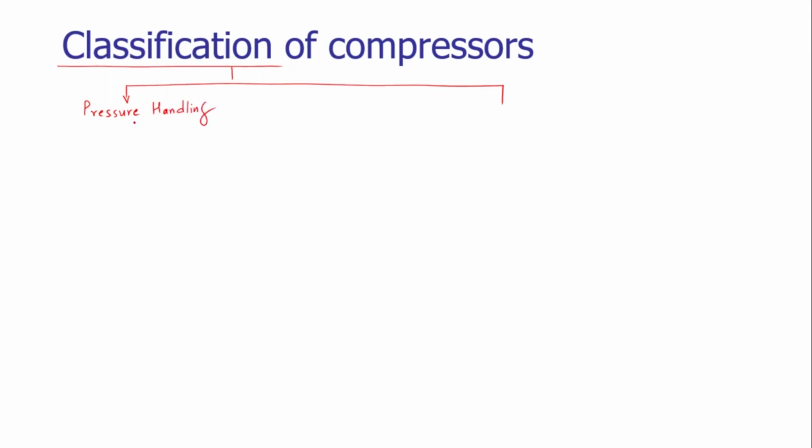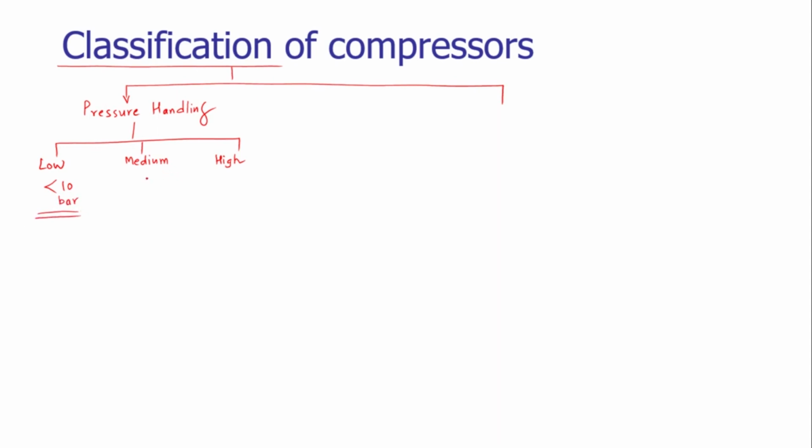So here we can have low pressure compressors, medium pressure compressors, and high pressure compressors. So what is the meaning of low pressure? When a compressor is generating a pressure less than 10 bar, that we call the low pressure compressor.